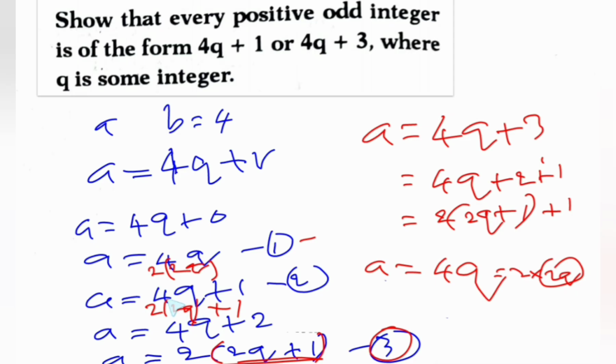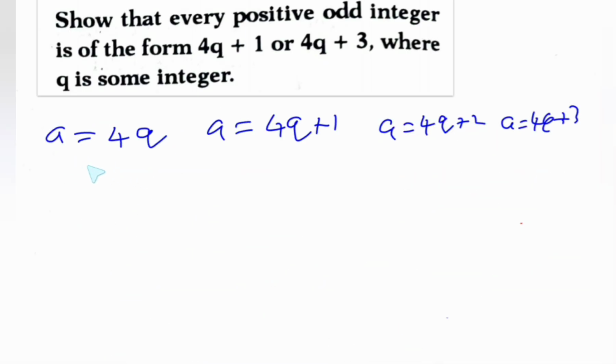Now observe here: 4q plus 1 means 2 into 2q, which is even, plus 1, which is odd. And here also 2 into a number plus 1 is an odd number.